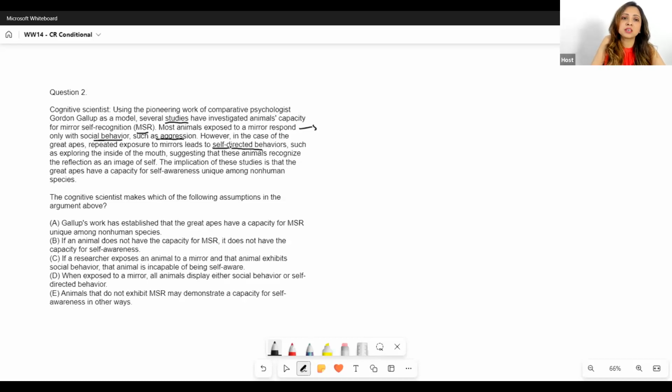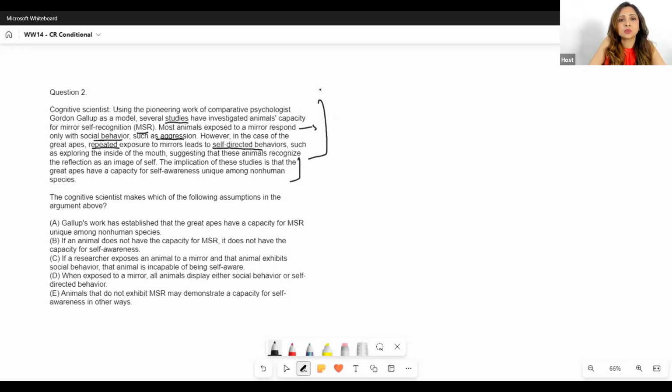Whereas great apes, with repeated exposure, show self-directed behavior, exploring their own mouth. It suggests that they recognize that they are the ones they can see in the mirror.